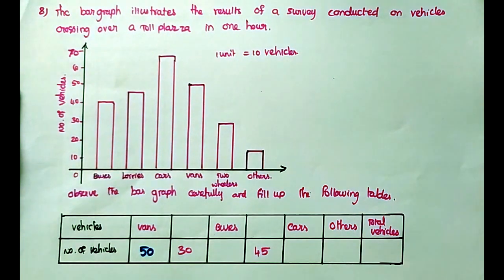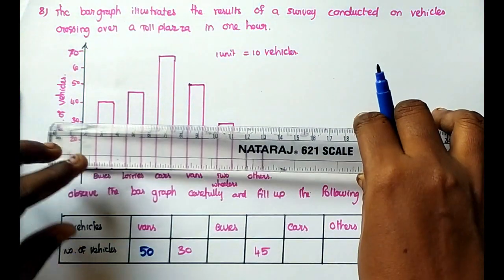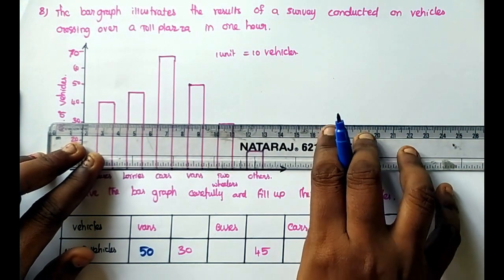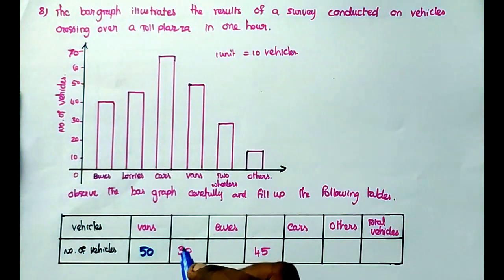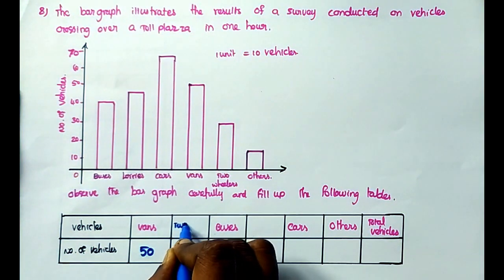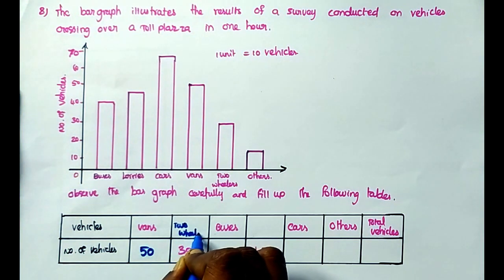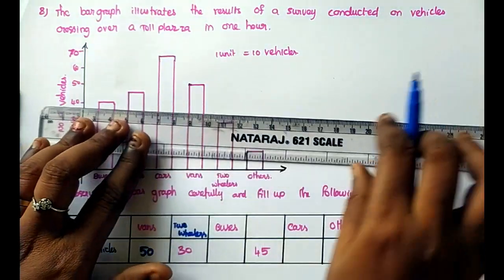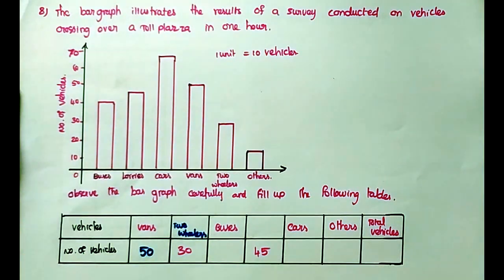Which one denotes 30 vehicles? Which vehicle denotes 30? That is two-wheelers. And then buses. How many buses? 40. Which one is the 45?